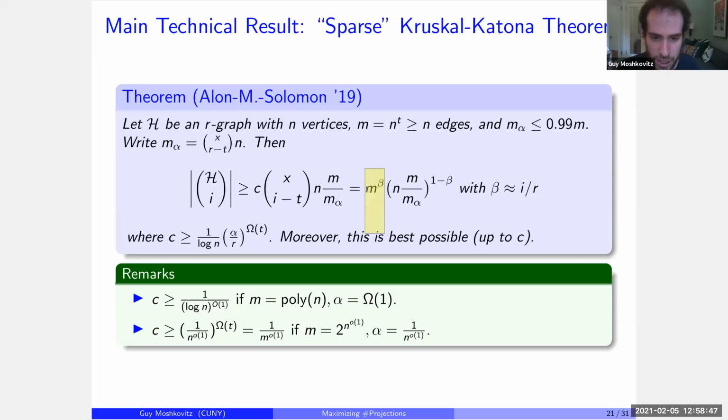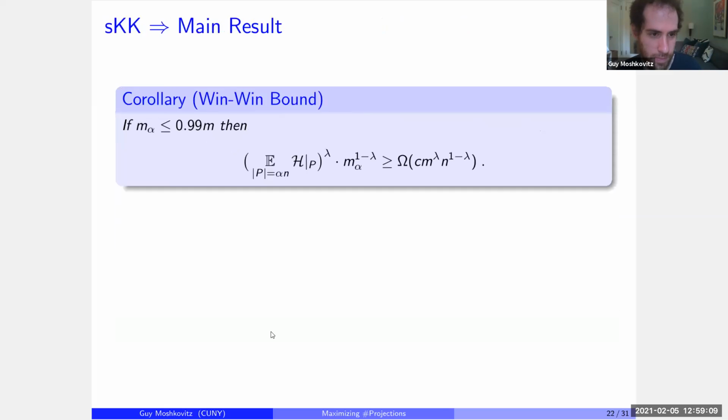So it doesn't dominate the bound that we get, which is m to some constant power. So as long as we're in the setting of the main theorem, not too large families and projecting on not too few coordinates, the error term is negligible.